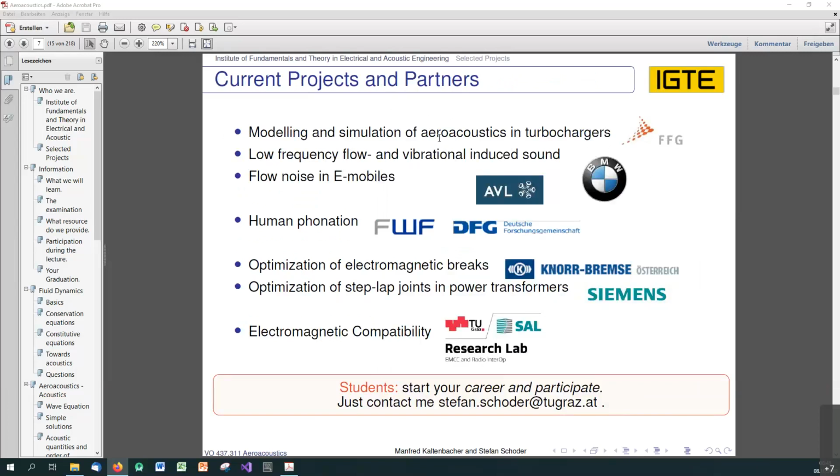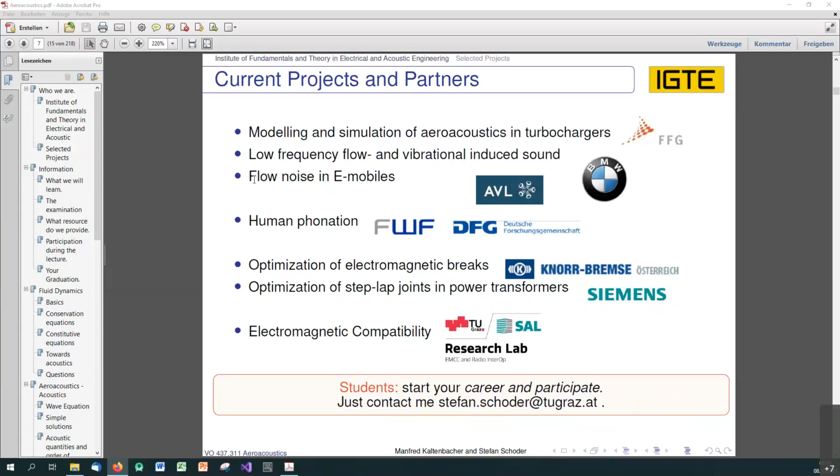There we do optimization of the noise characteristics of turbochargers. We also tune the characteristics of the whole car body itself. So like car frame noise and NVH topics, noise, vibration, and harshness, is a big topic.